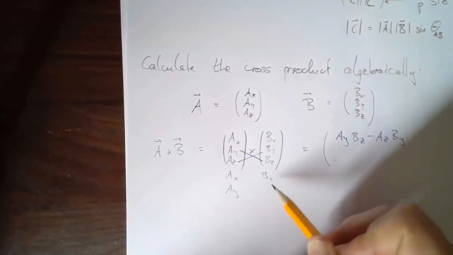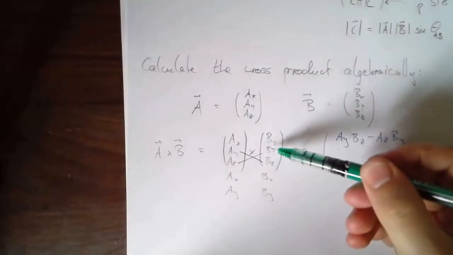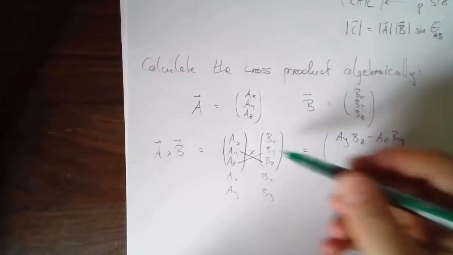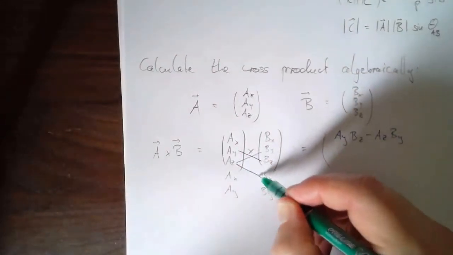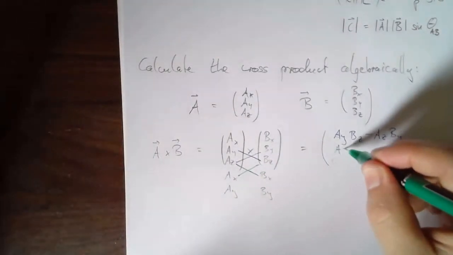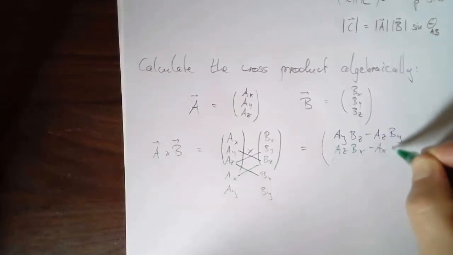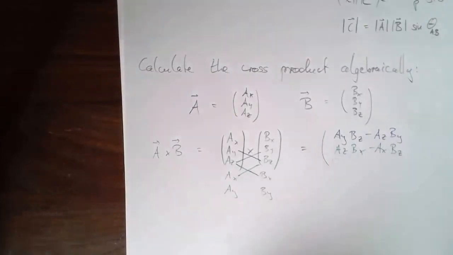That's just a notational trick to make your life easier. And then to get the Y component, I'm just going to go one row down, and I'm going to go this way minus this way. AZ BX minus AX BZ, or BZ, depending on if you're British English or American English.